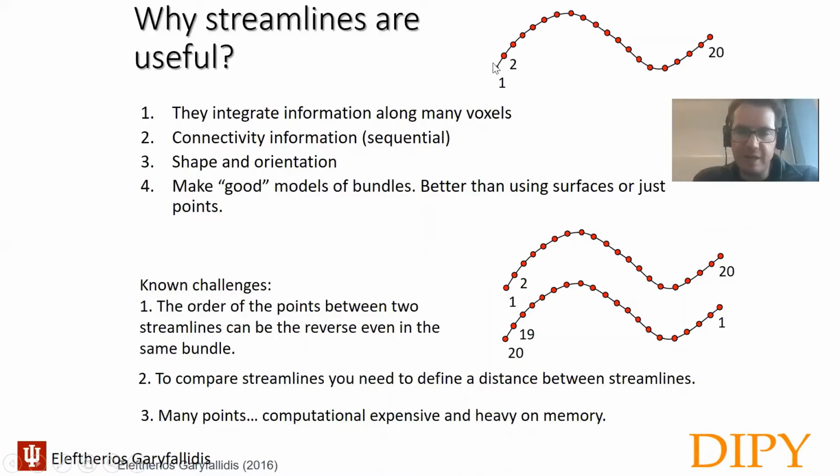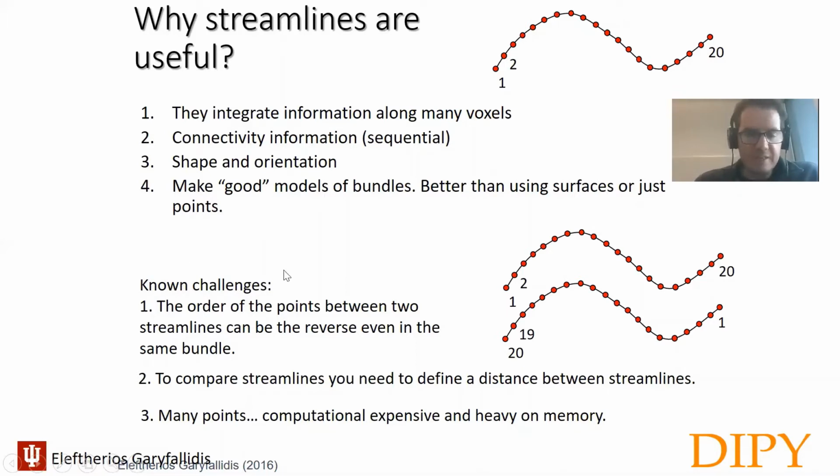So streamlines are points connected sequentially together. And they do integrate information along many voxels. Of course, they cross many voxels. They have sequential connectivity information. They can represent shape and orientation. They make good models of bundles if you add many together, better than using surfaces or just points.